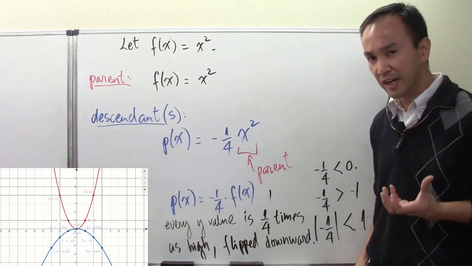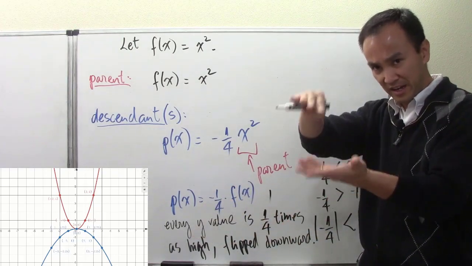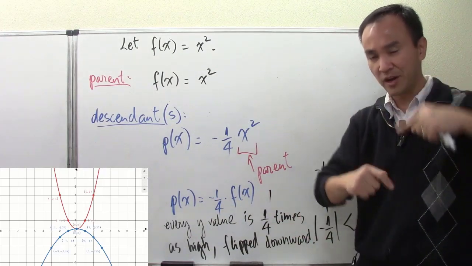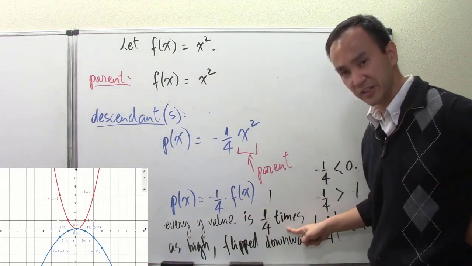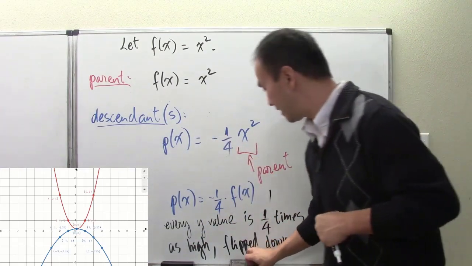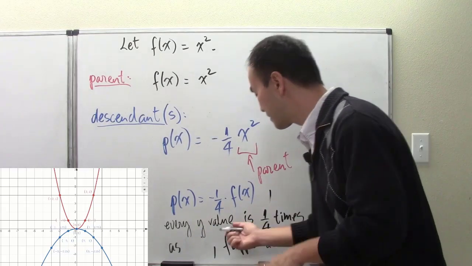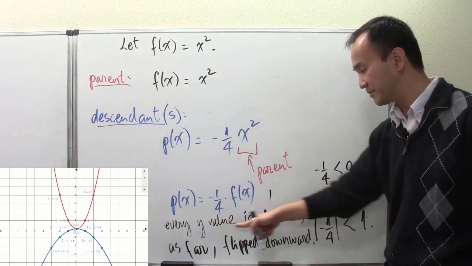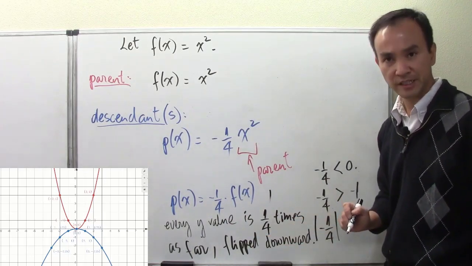I'm only using the kind of language here that's understandable to everybody. So the height, as I demonstrated through the graph, is only 1/4 times as high, being vertically away from the x-axis. Or as far, and I mean far away from the x-axis, that's probably a more precise term. Only 1/4 times as far from the x-axis, and then the graph is flipped downward, just like that again.